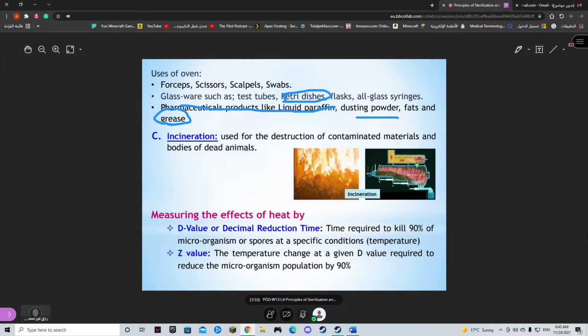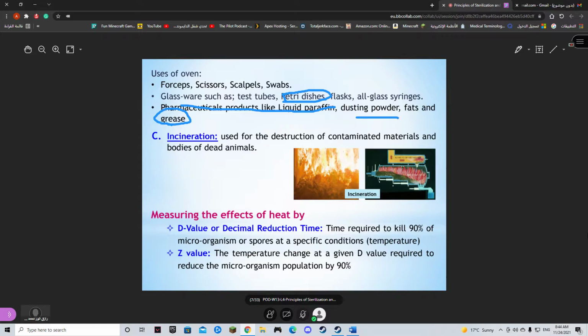Once you are done with your operation on the patient, you have soiled cloth, soiled swabs, and everything. How do you discard it? All big hospitals have incineration. The temperature in the incinerator is very, very high. It's not just burning; they have a special type of apparatus nowadays. This one was the old one.